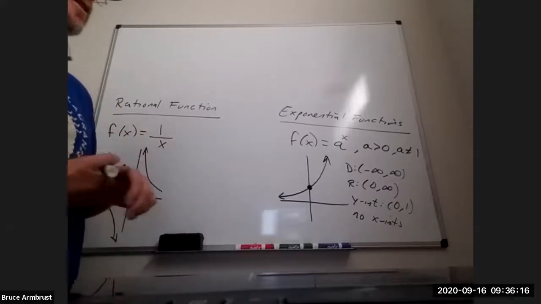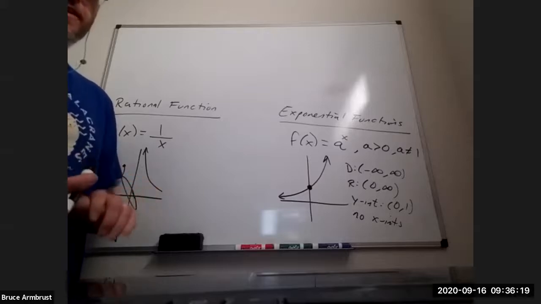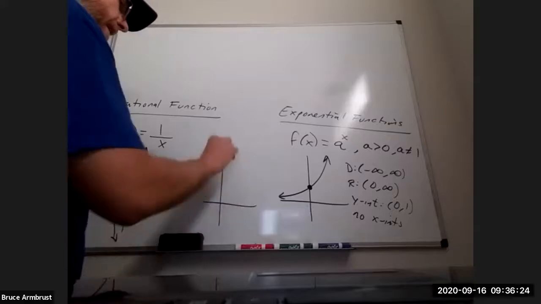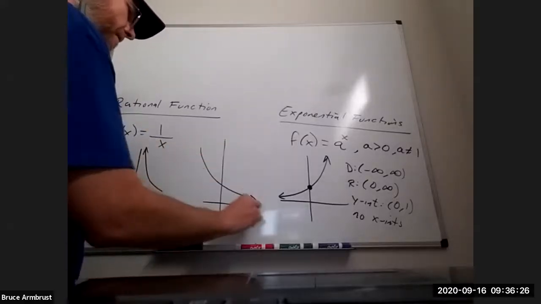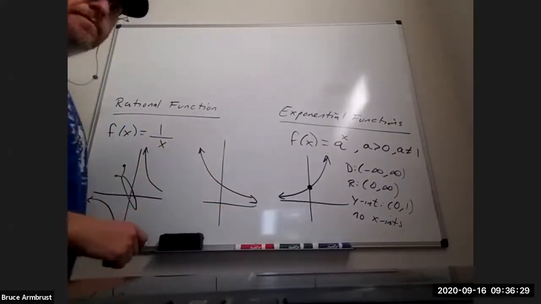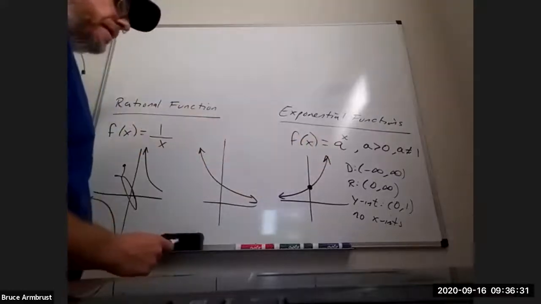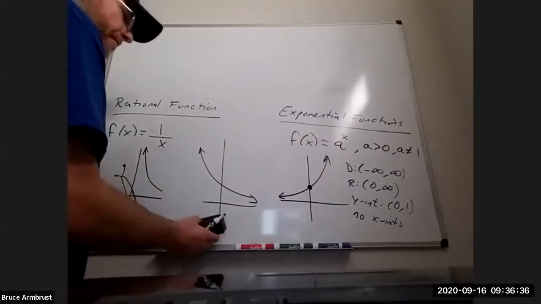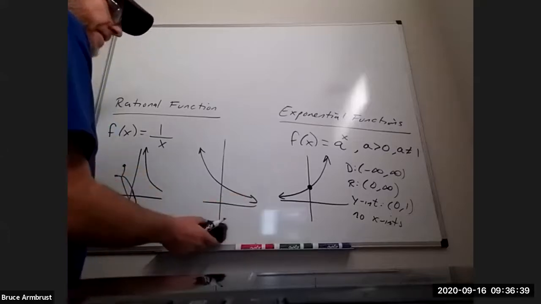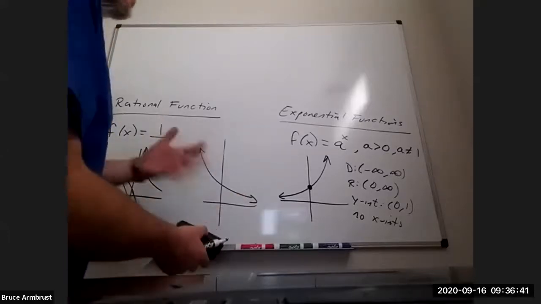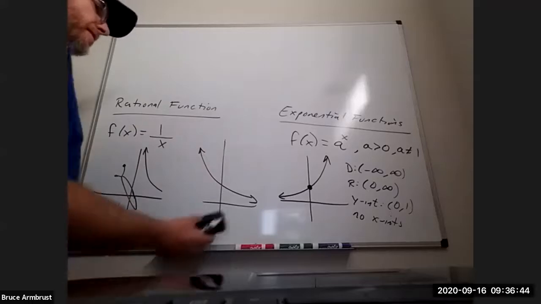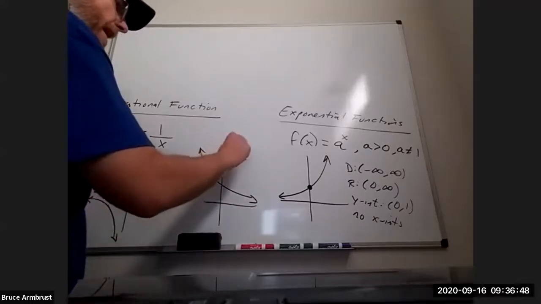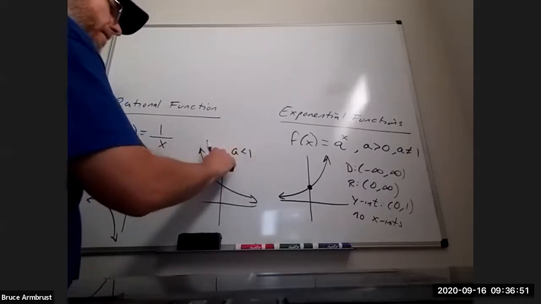However, not all exponential functions are increasing. Some of them are decreasing. It's also possible to have an exponential function that does something like this. It all depends on the base. And like so many things, there is a location that changes whether it increases or decreases, and in this case, it's when A is less than 1.